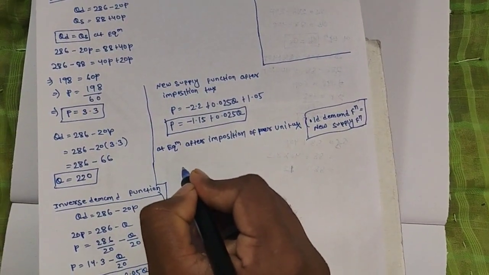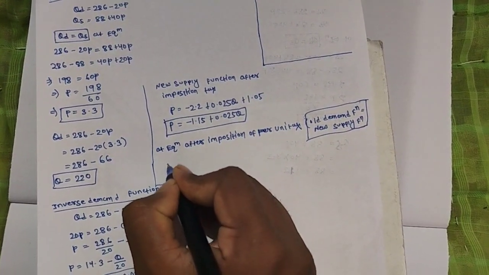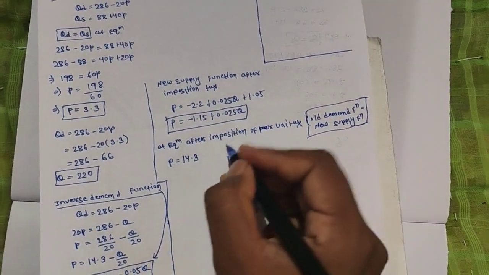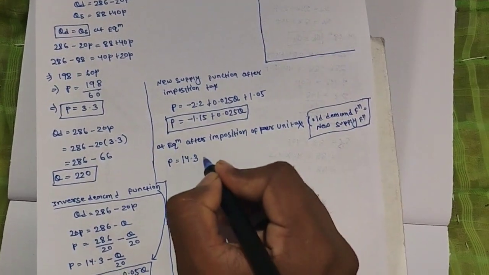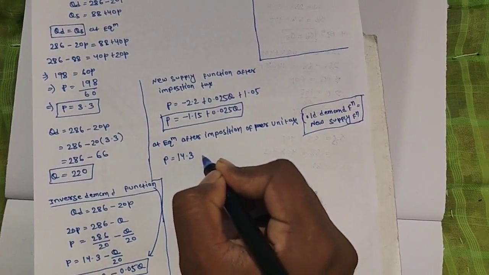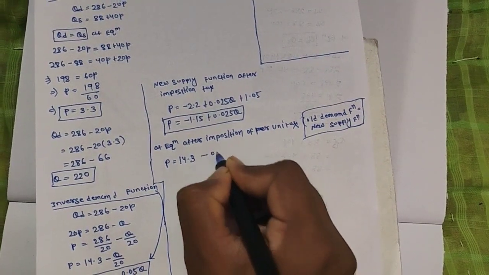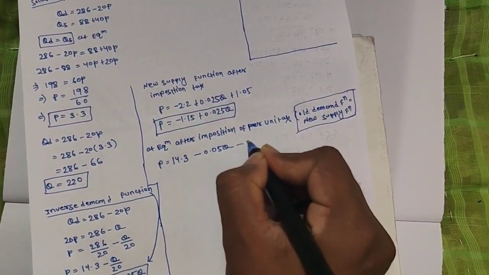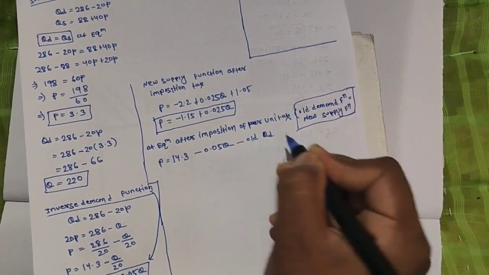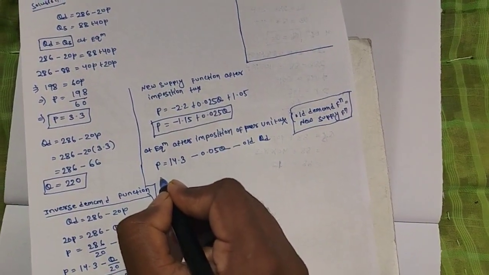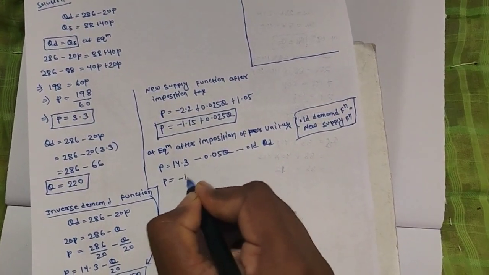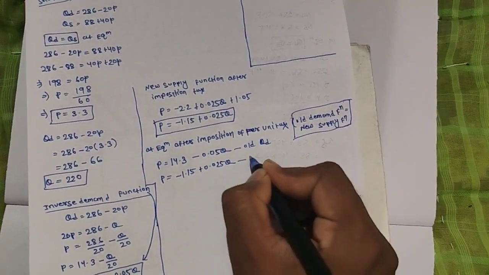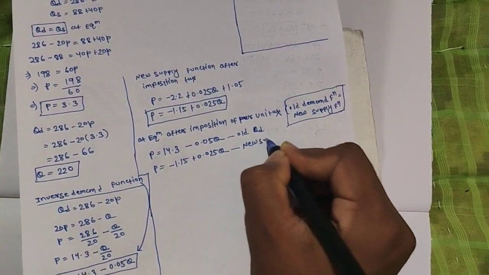So we have to write the old demand function, that is the inverse demand function, 14.3 - 0.05q. The new supply function is p = -1.15 + 0.025q.